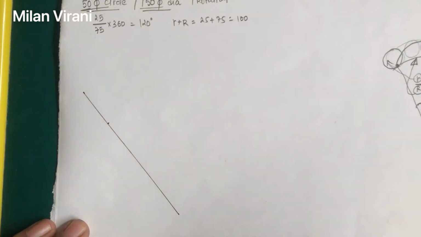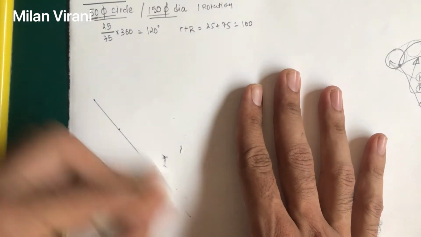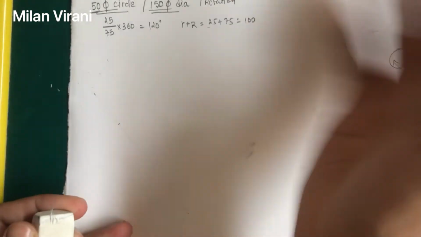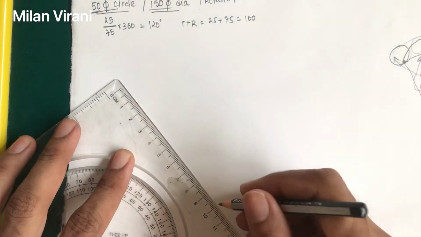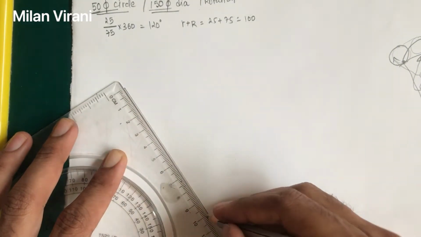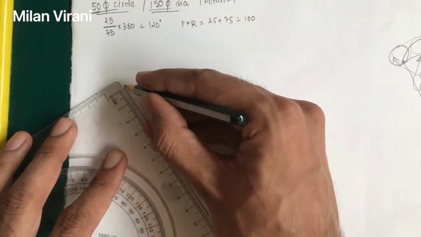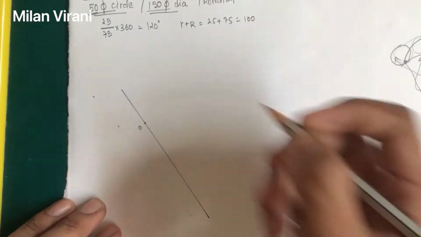Let me draw it slightly away from the boundary of the page. So here it is 100 total length, 25 and 75, so 100. Here it will be the contact point.